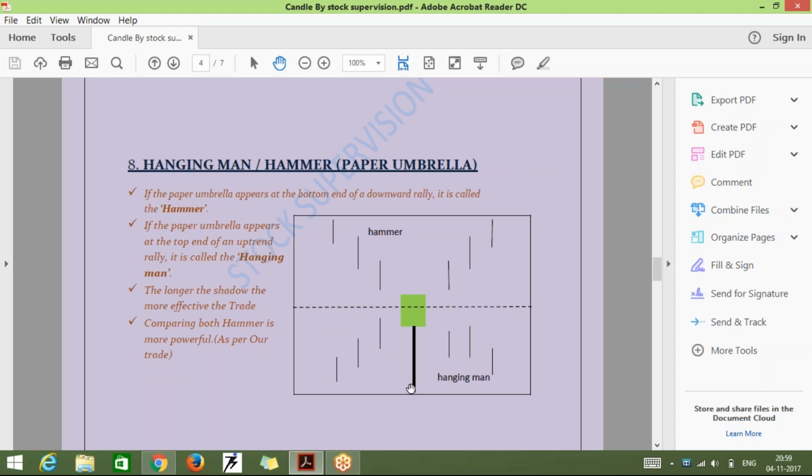Hanging man and hammer are not the same. Hammer is a bullish reversal and hanging man is a bearish reversal.